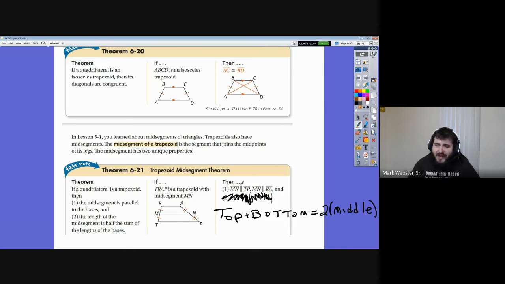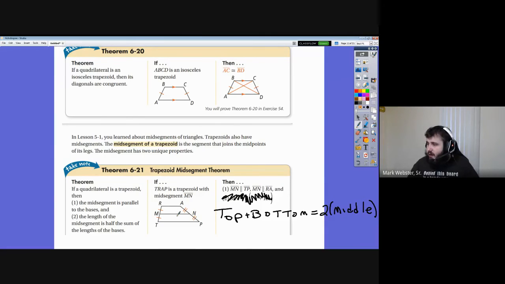Top plus bottom equals 2 times middle. This piece on top plus this piece on bottom, add them together. This piece in the middle, multiply that by 2, then set those things equal to each other, and then solve for x or whatever, and then you've got your answer.